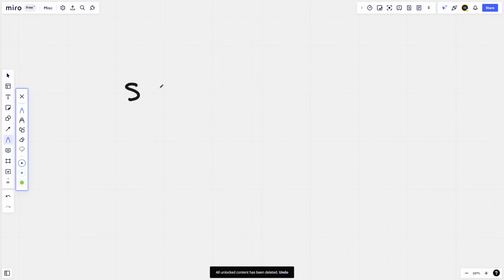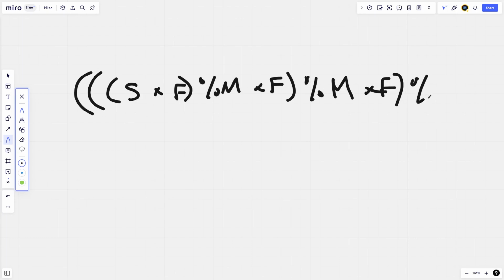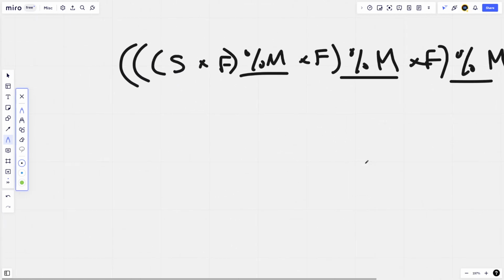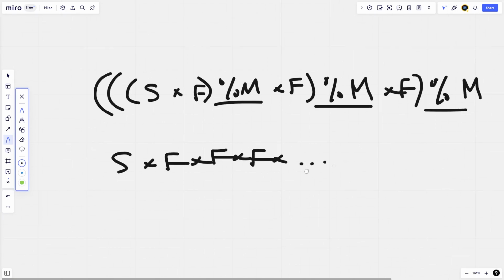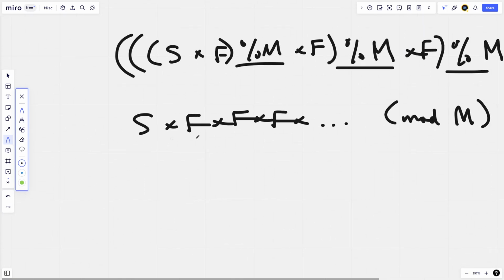value s times the factor f modulo m times f modulo m times f modulo m, etc. And since the modulo m doesn't do anything when we're working in the equivalence classes mod m, that's the same thing as s times f times f times f, etc. And since we started with the first value as s, this is equal to s times f to the power of n minus 1.